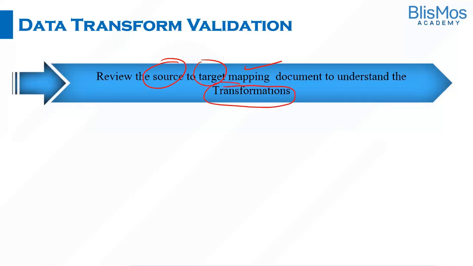So in the mapping document, they would have specified how the source is mapped to the target, whether a particular column in a table is undergoing the transformation or not. So we need to understand the type of transformation as mentioned in the mapping document.